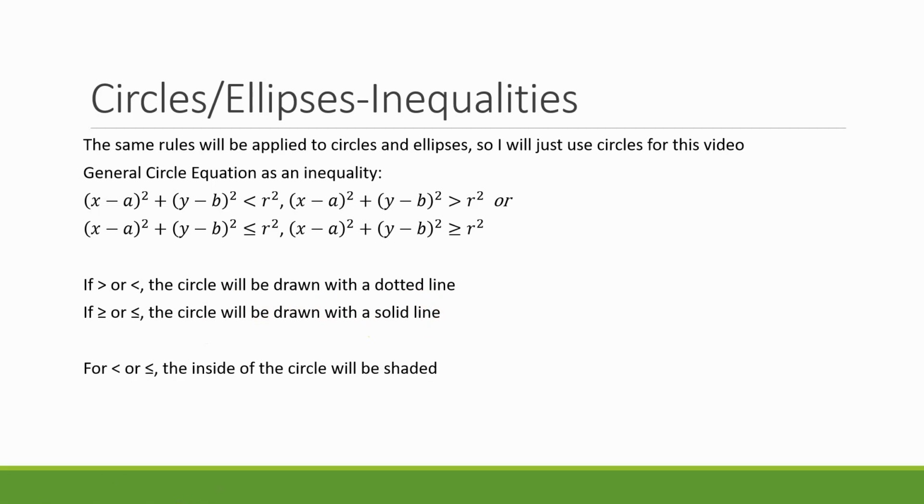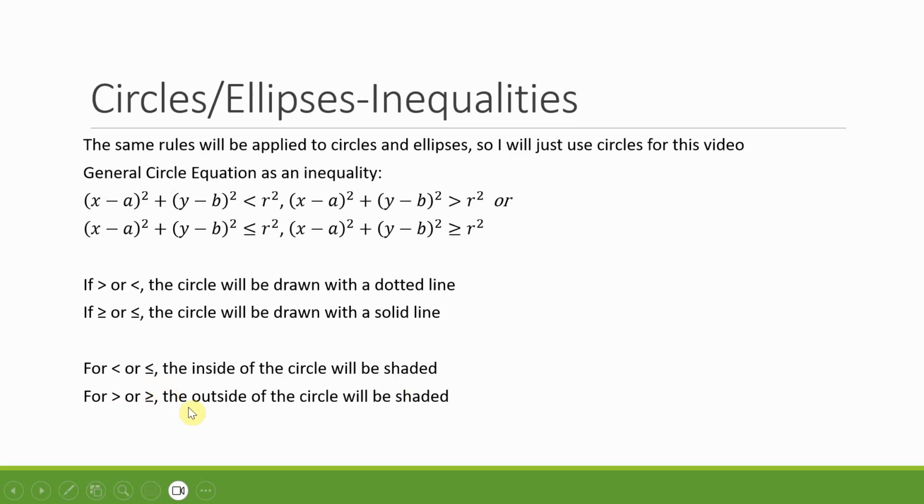The next thing you have to do is figure out where to shade it, because remember, for an inequality line, you shade either up or down from the line. Well, in this case, I have a circle or an ellipse, so there's no up or down. It's inside or outside of the circle. So for less thans, or less than or equal to, you're going to shade the inside, whereas the greater thans, you're going to shade the outside.